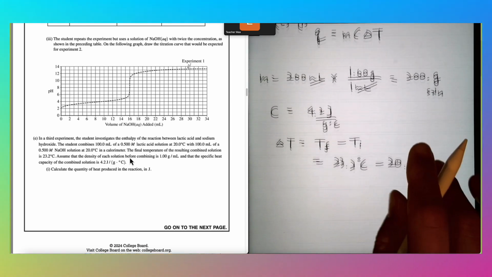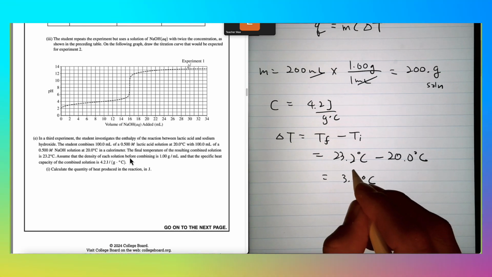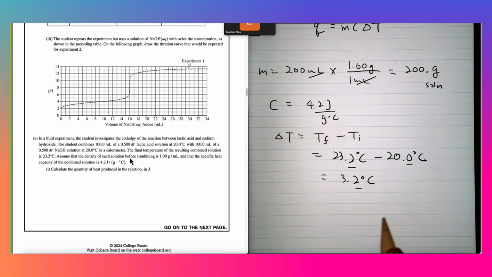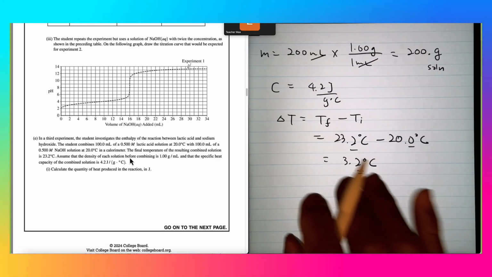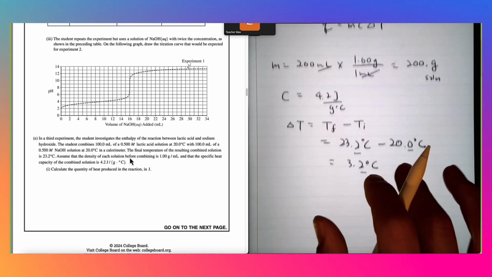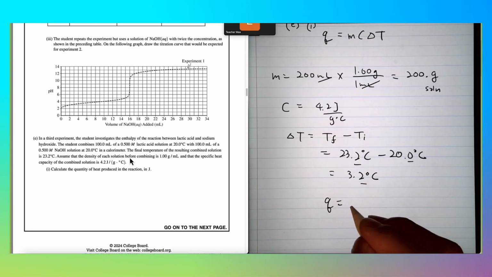And you get 3.2 Celsius. Now for sig figs, when you have a tenths place and a tenths place, I will keep the tenths place. So I have 2 sig figs here, 2 sig figs, and 3 sig figs. So my overall sig figs for Q has to be 2 sig figs. So now I multiply all these values.